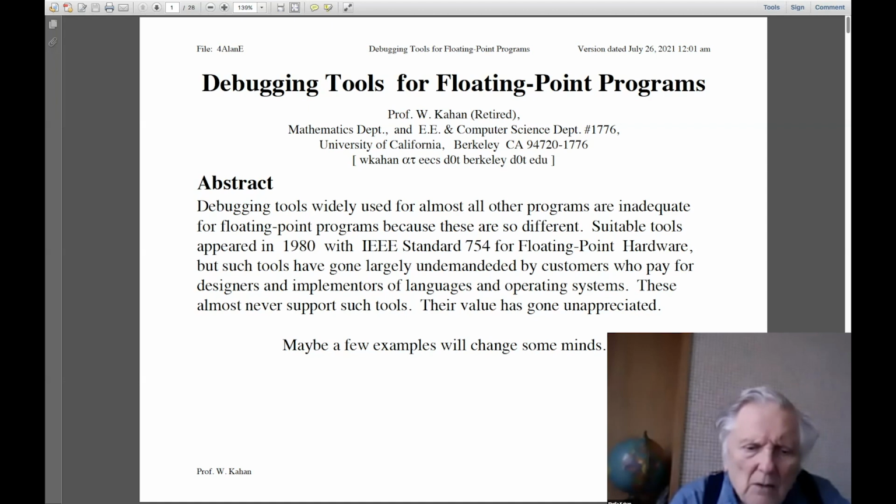And the trouble is that there weren't enough people who appreciated what those features were to get them to be supported by language designers and implementers, and by some folks that had to work on the operating systems. Well, maybe if I go through some of the examples here, some people will think about this again and decide that maybe it is worth supporting these things.